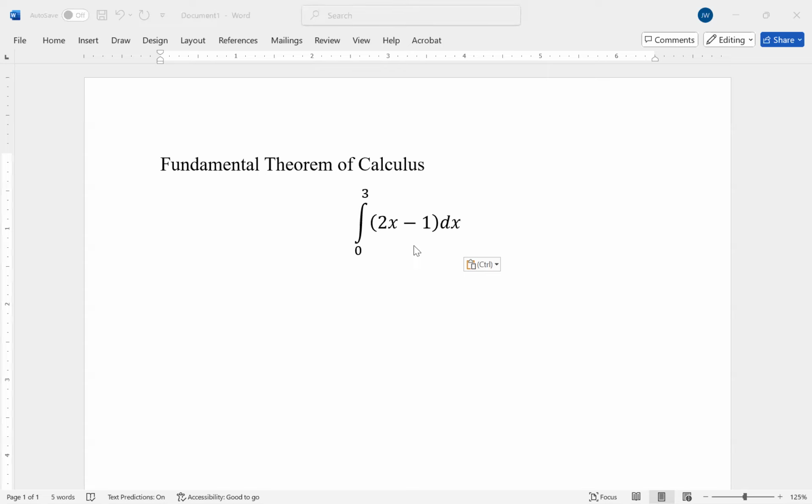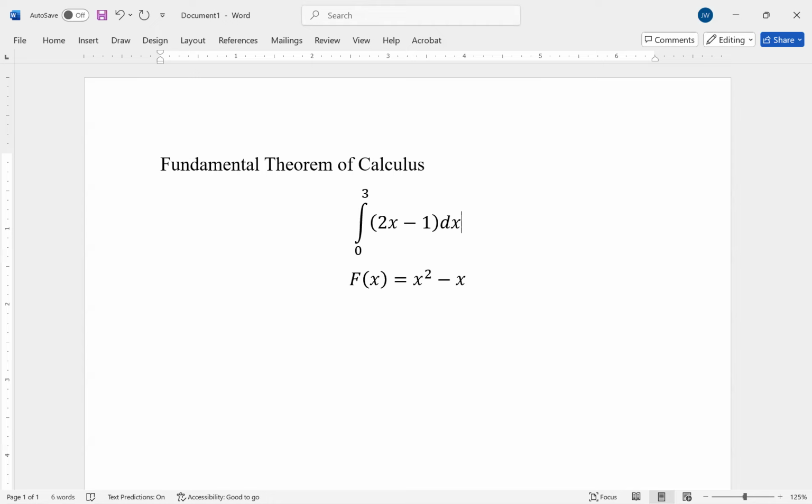Now, as we're doing this, I will introduce you to some new notation, but first, I want you to understand that the antiderivative of 2x minus 1, well, that's going to be x squared minus x. That's one antiderivative. You could add technically any constant that we wanted, but I'll just use this one. Okay, I'll show you what happens when we don't do that.